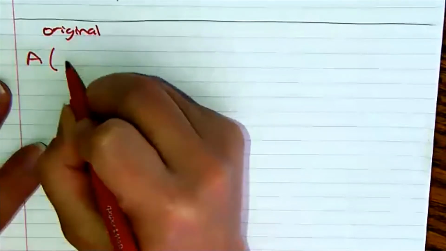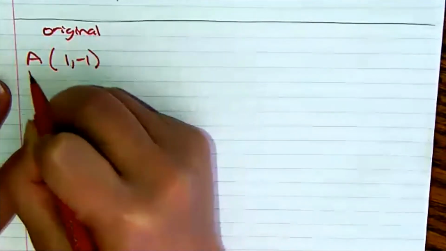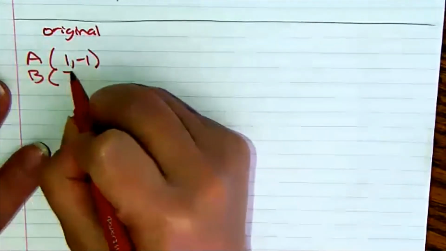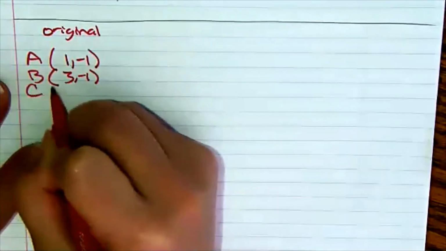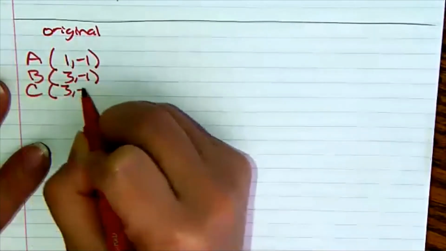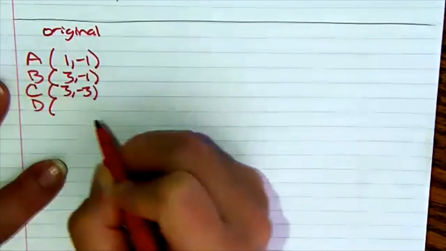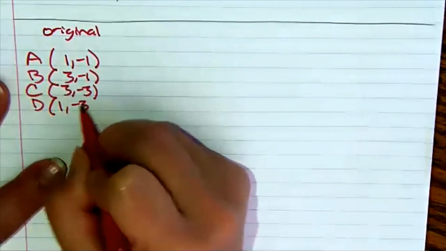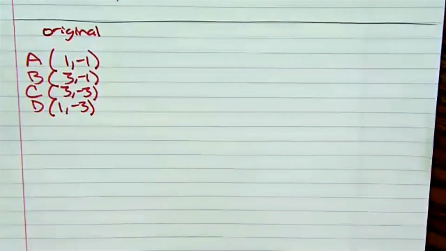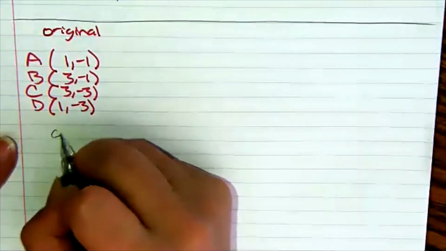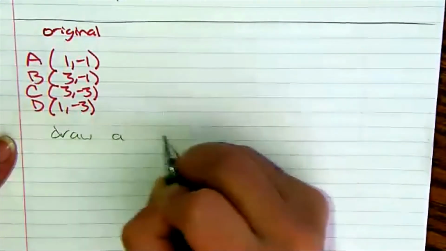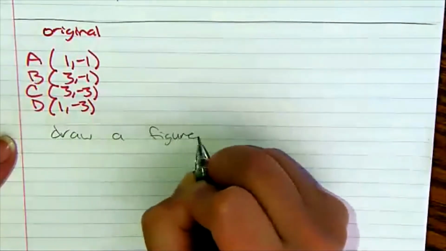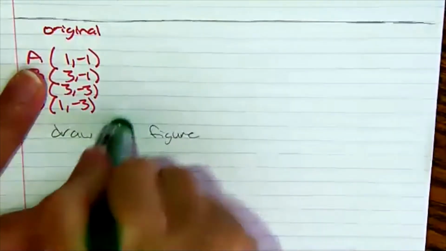They say A, 1, -1, B, 3, -1, C, 3, -3, and D, 1, -3. So here's our original points. And the book is asking us to draw the figure.